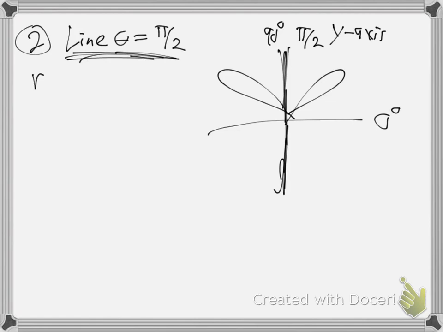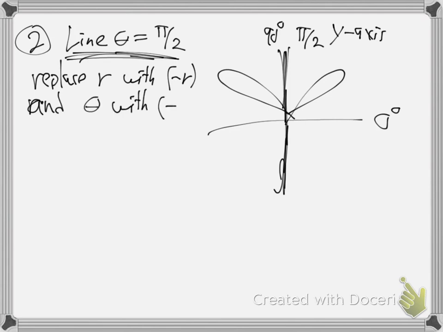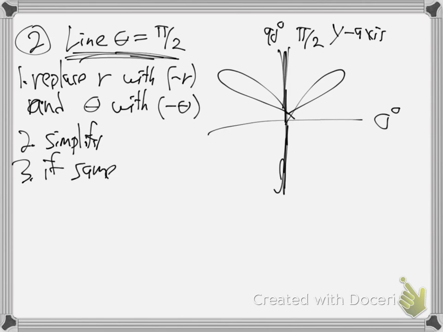How do you test that? You replace both r with negative r and theta with negative theta. That's step 1. Step 2, you simplify. And step 3, if it's the same as the original, right?